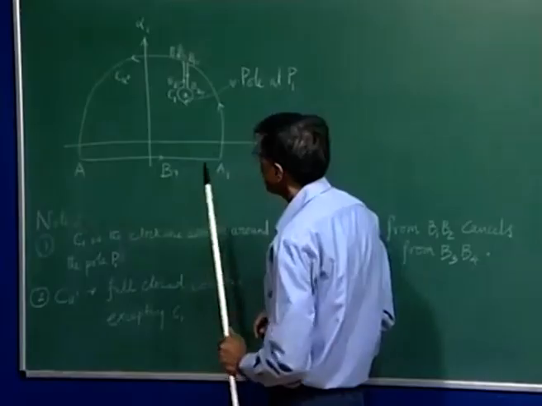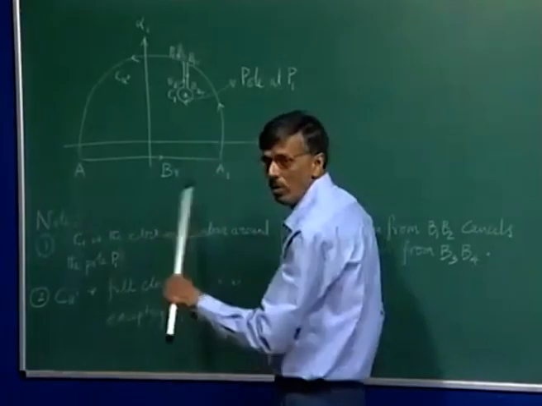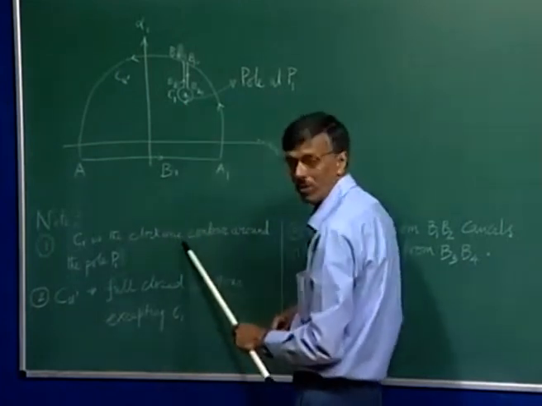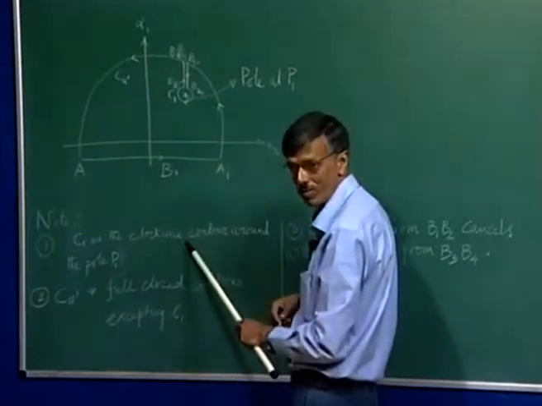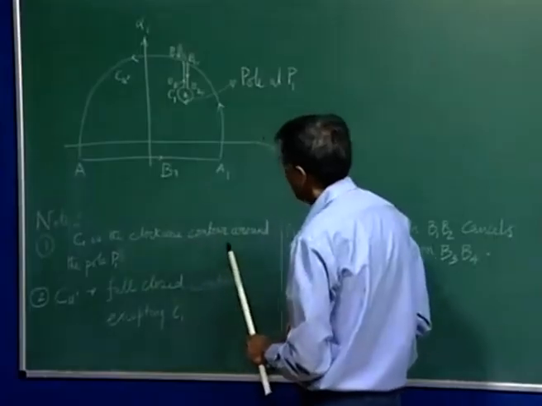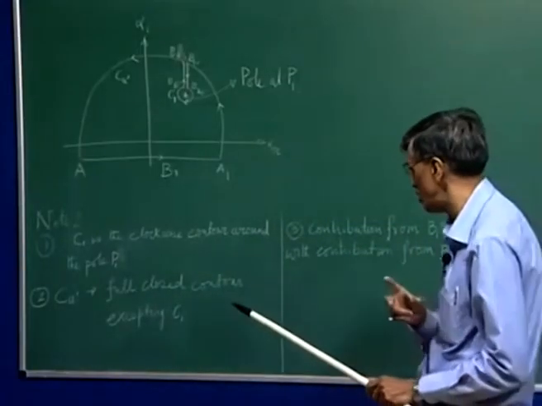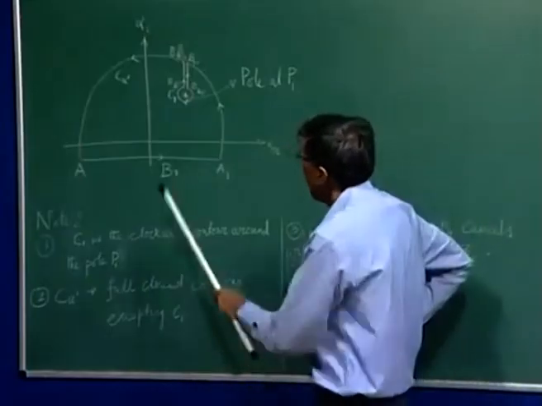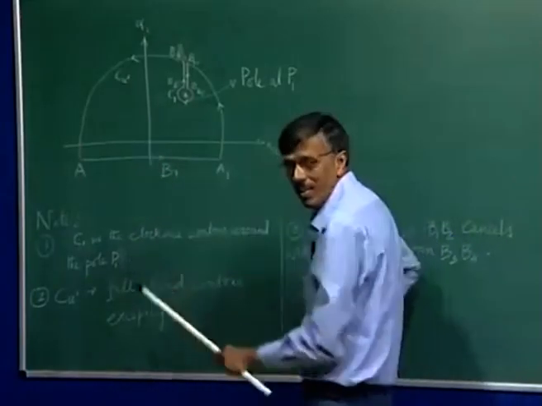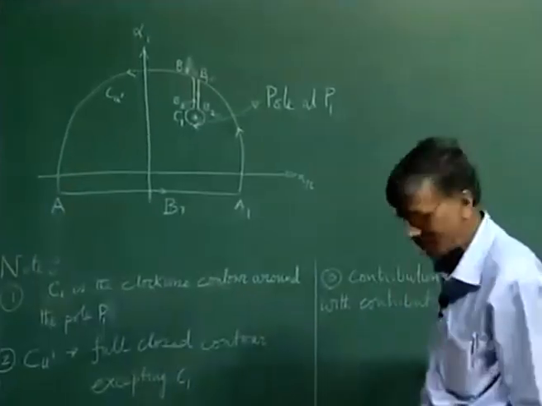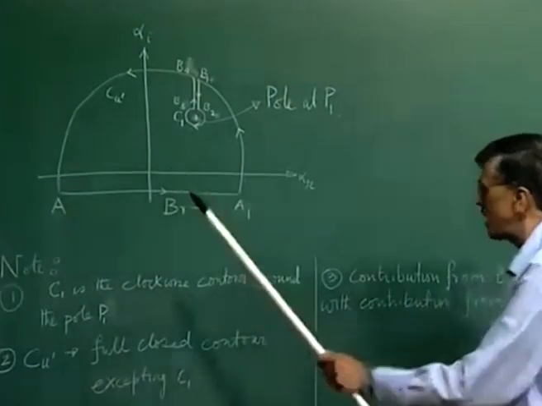So, there are certain things that you notice, the main contour is counterclockwise, but the C 1 is clockwise, right. You must remember that. So, contour integral depends on the direction in which you go. So, C u prime, what we are calling here, is nothing but the whole contour minus C 1. That is one thing that we understand here.